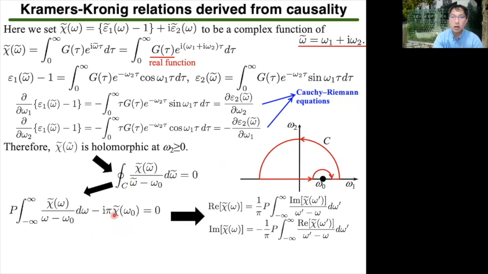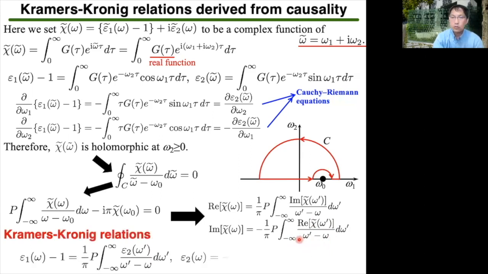Here the second term stands for the integral along the clockwise direction in the vicinity of the singular point, expressed by the residue times minus i pi. This result means that the real part is expressed by the integral along the real axis of the imaginary part divided by omega prime minus omega, while the imaginary part is expressed by minus the integral of the real part divided by omega prime minus omega.